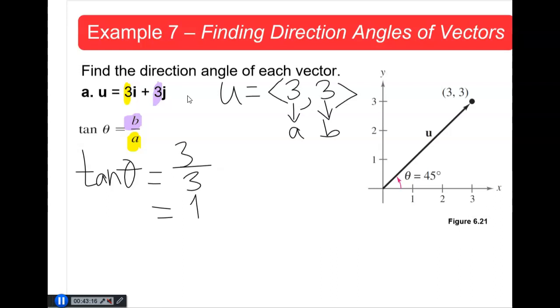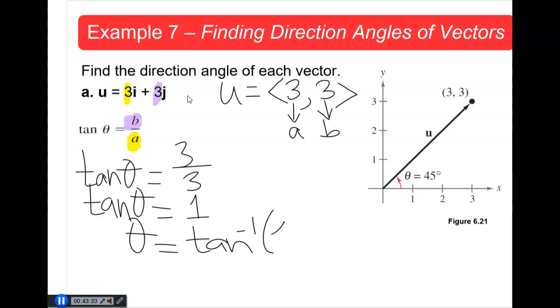We get a positive 1 from 3 over 3, and if we take the tangent inverse of 1, we will get pi over 4, or 45 degrees. So tangent inverse of 1.